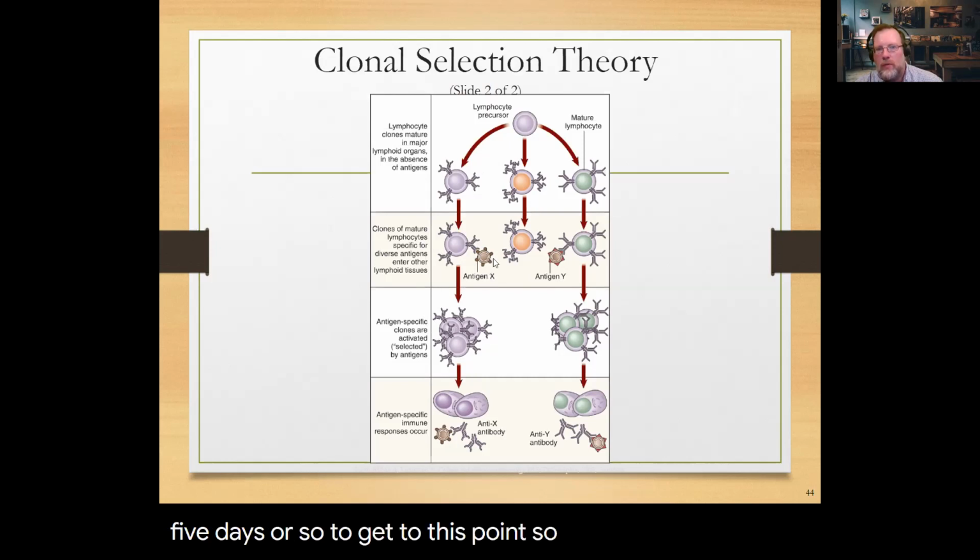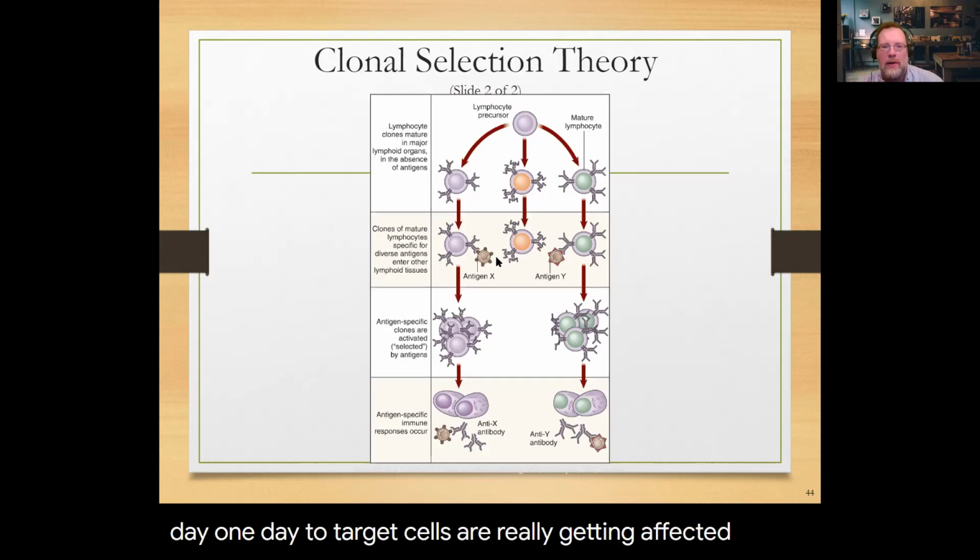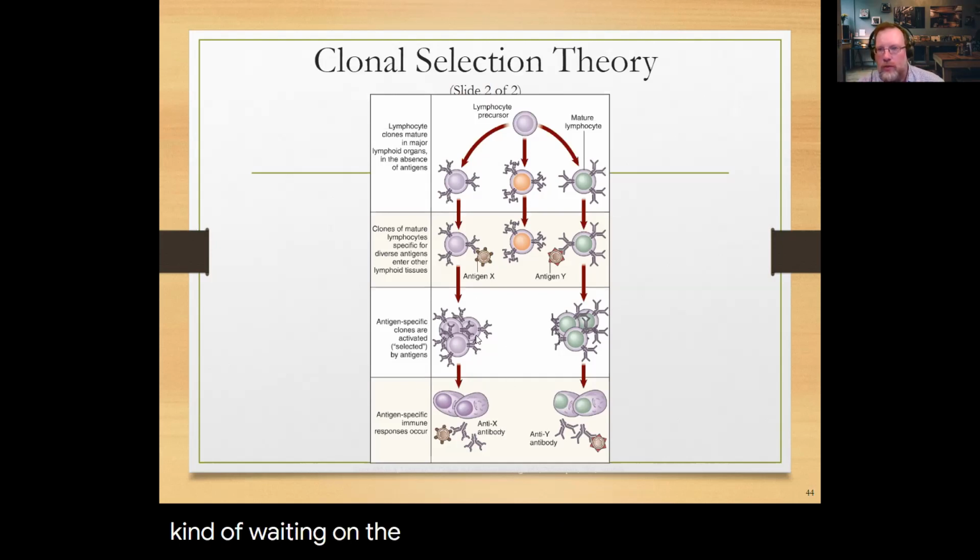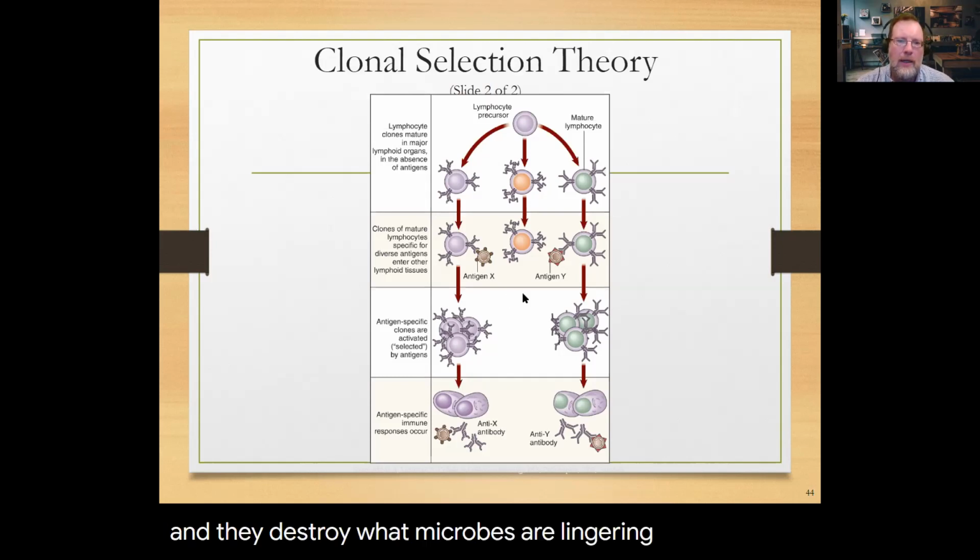So when we have an infection, day 1, day 2, target cells are really getting affected. We're kind of waiting on the troops to arrive, and then they do, and they destroy what microbes are lingering.